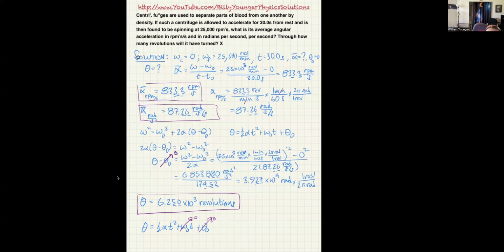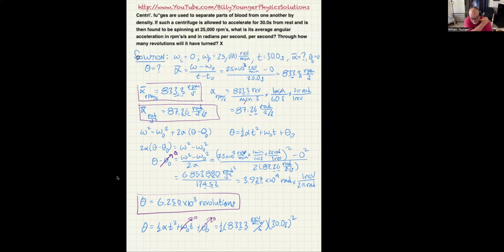So I'm going to say that this is equal to 1/2 times 833.3, my fault, that is revolutions per minute per second times 30.0 seconds squared.